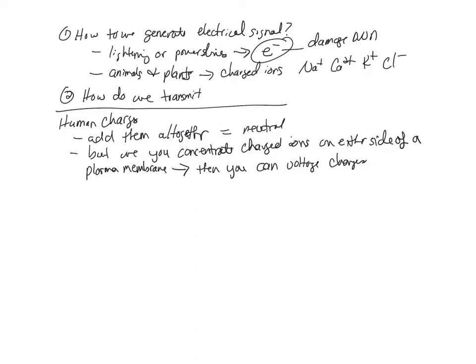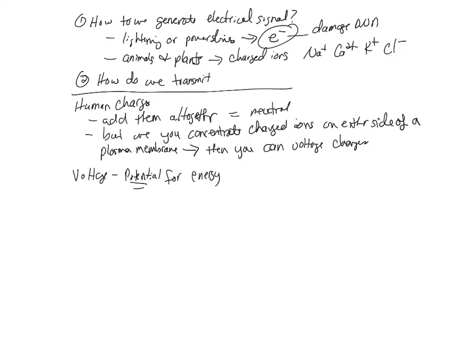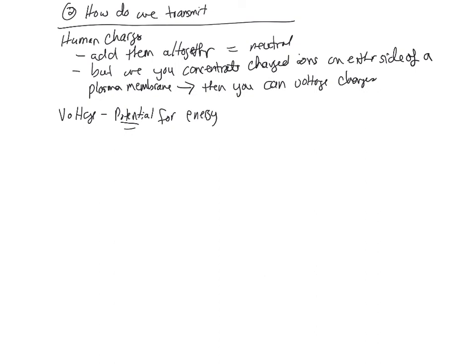And so we're going to be using this energy. So voltage, what is that? Another way of thinking of voltage is the potential for energy to happen. If you remember, I did this with the muscular system, where I drew a cell. So this is your plasma membrane right here.